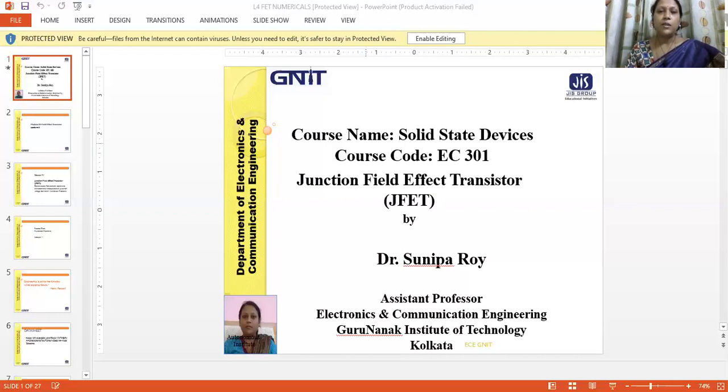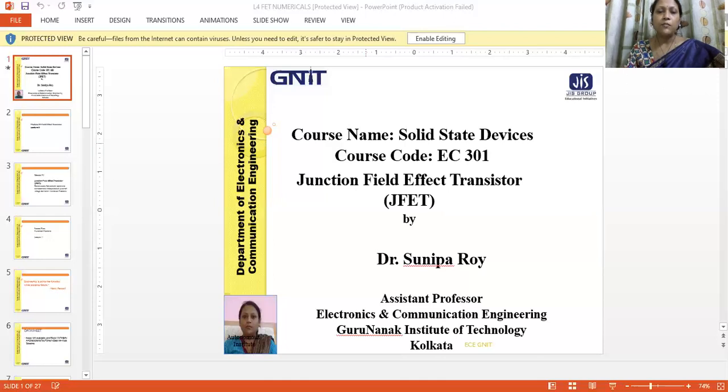Here we can see this is Q1, FET1, and Q2, FET2. This is connected through the coupling capacitor, and VDD is connected. So what will be the gain? The gain will be AV equals AV1 times AV2.